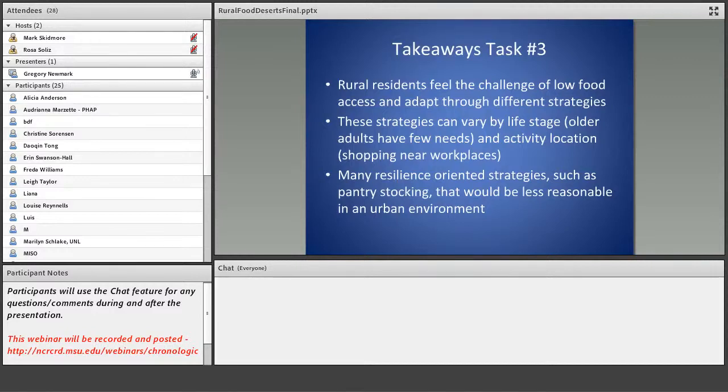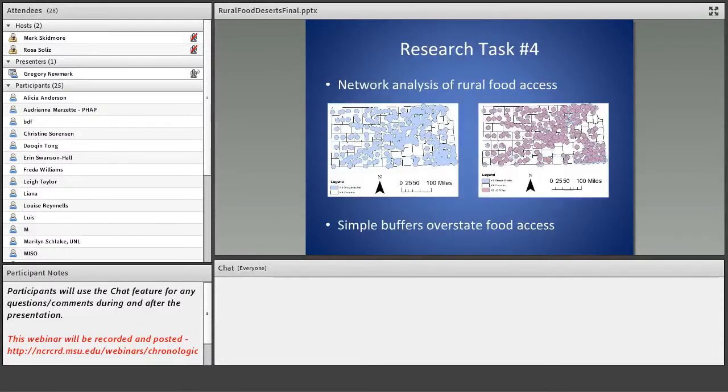People that worked in a town would often shop near their workplace. We also noticed that many of the resilience strategies, which mostly tied to pantry stocking, would not be reasonable in an urban environment where people would not have the space to have multiple freezers and store very large amounts of meat.